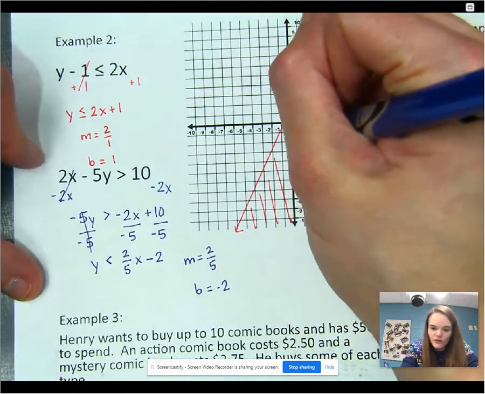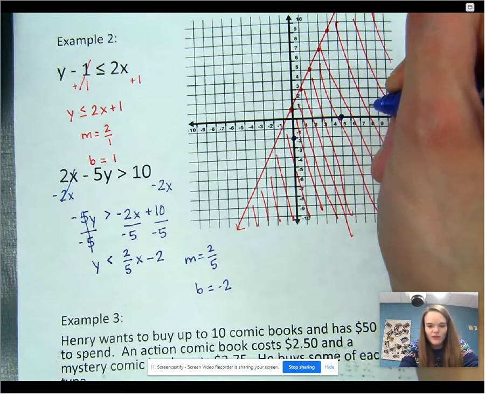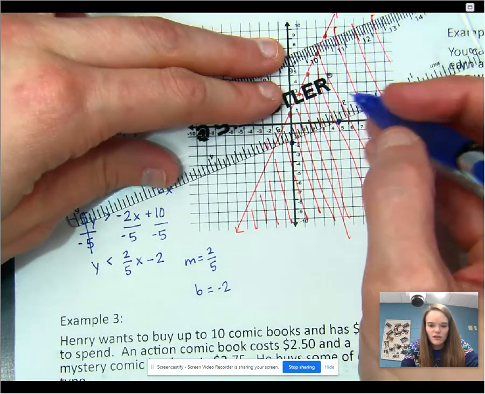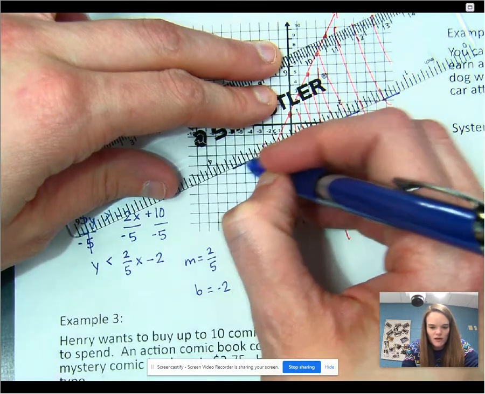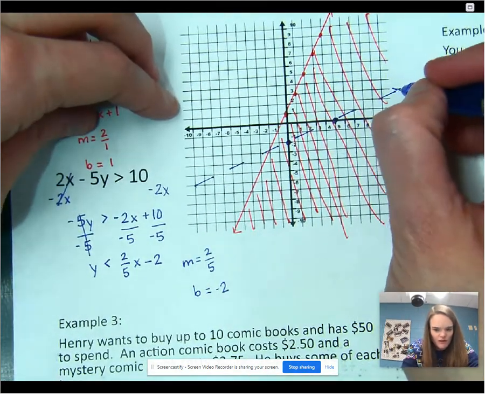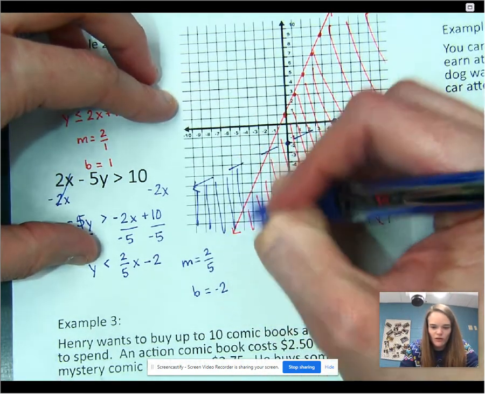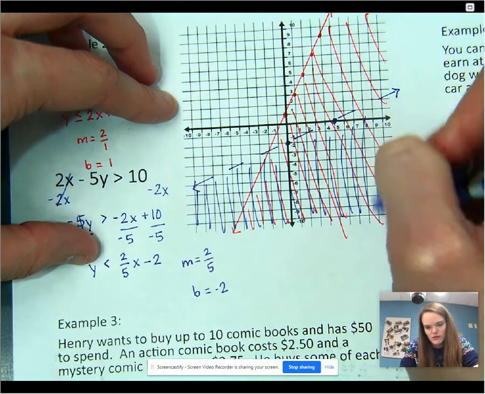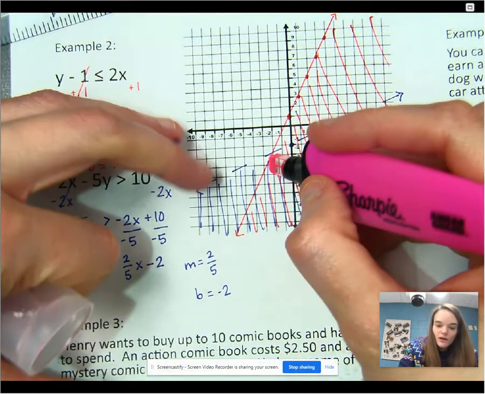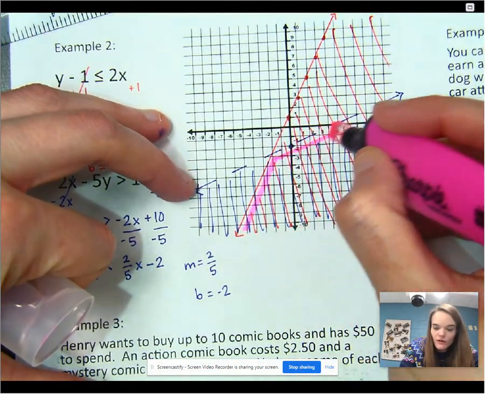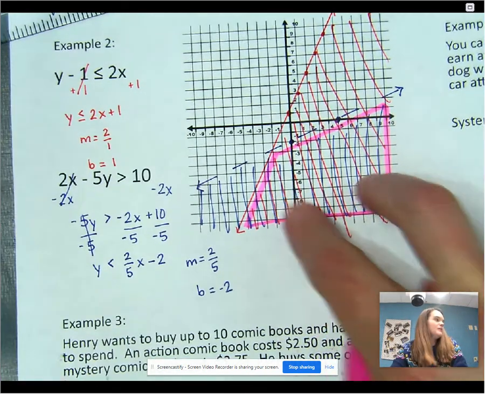So we start at negative 2, go up 2 over 5. It is a dashed line. It is less than, so I shade below. Anywhere that they overlap is where the solution is. And they overlap in this area. And of course, that area keeps going forever.